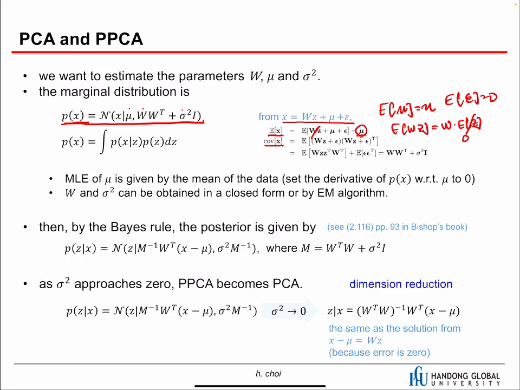Likewise, if we calculate the covariance of x, then we can simply get this. So that's why we have mu here and the covariance matrix here. And actually this one is the integral of the product of these two.